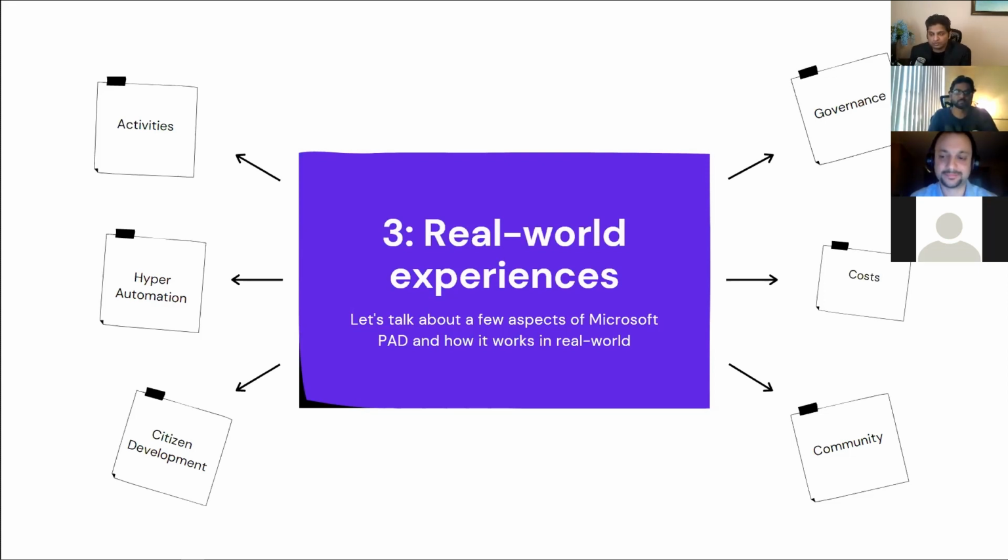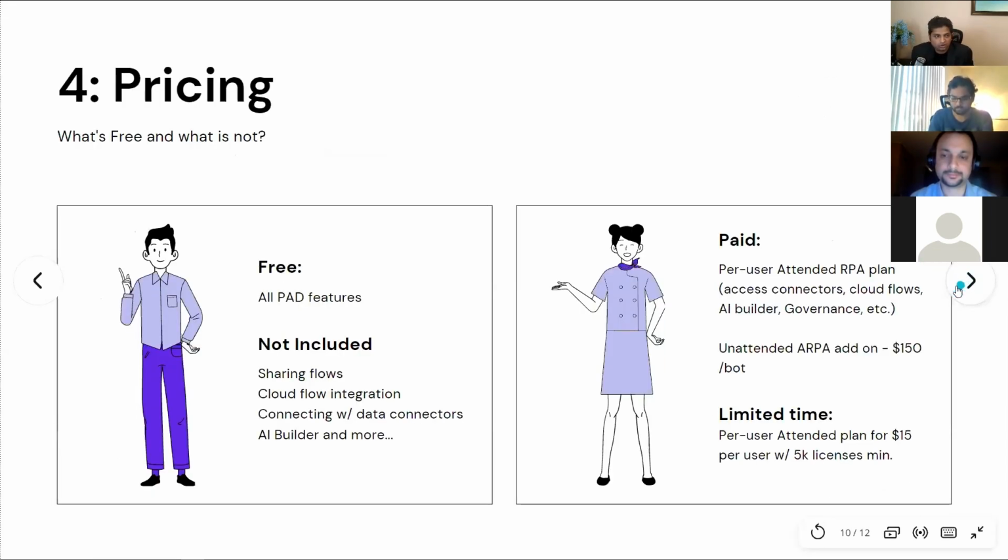We are just one minute away, so let me wrap it up. In terms of cost, Power Automate Desktop is free, as Nikosh said. But if you need more governance and cloud integration connectors, then you need to pay for it, and you can also add an unattended bot to it.